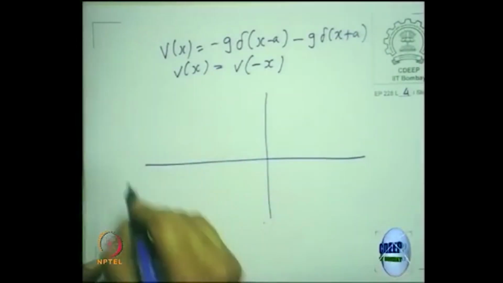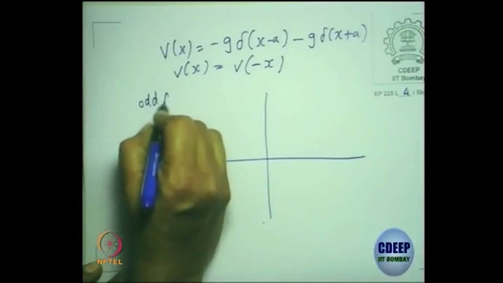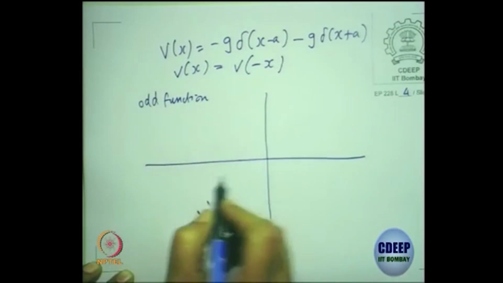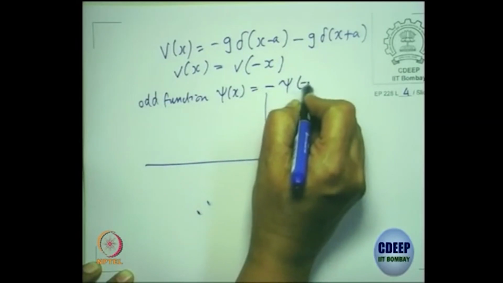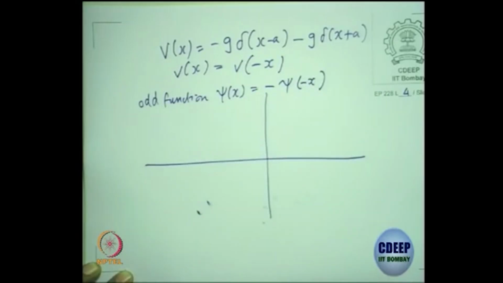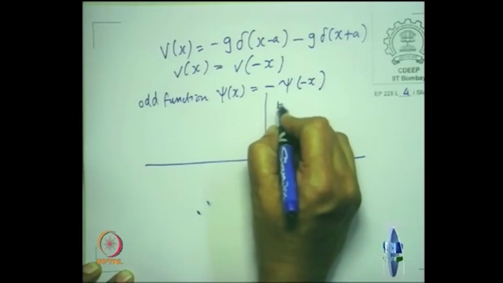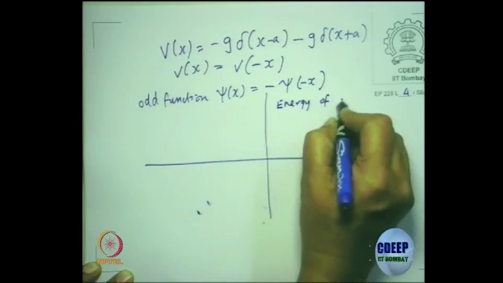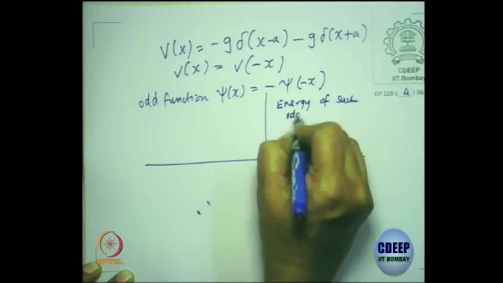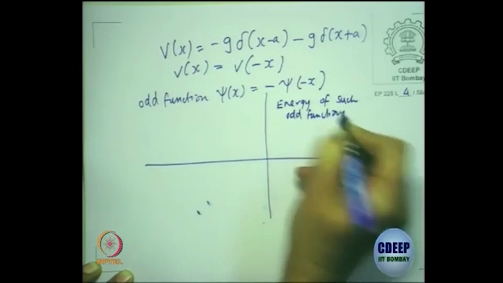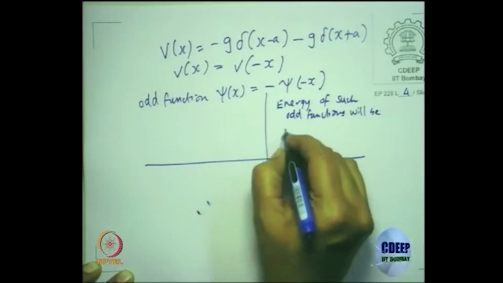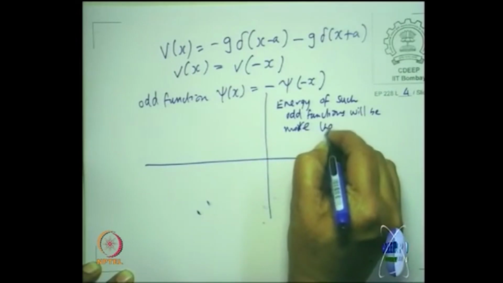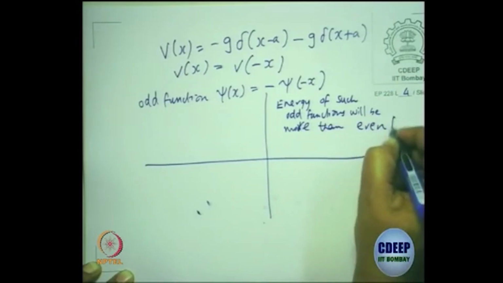Okay. So, let me try and tell you that if you have an odd function, psi of x equal to minus psi of minus x, you will find the energy of such odd functions will be more than even functions.